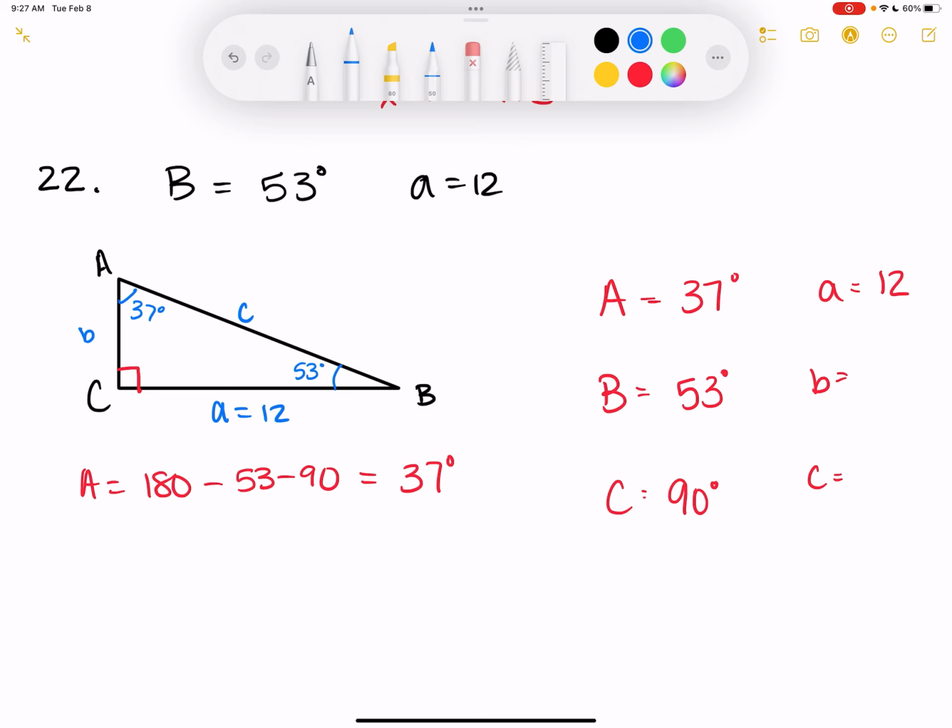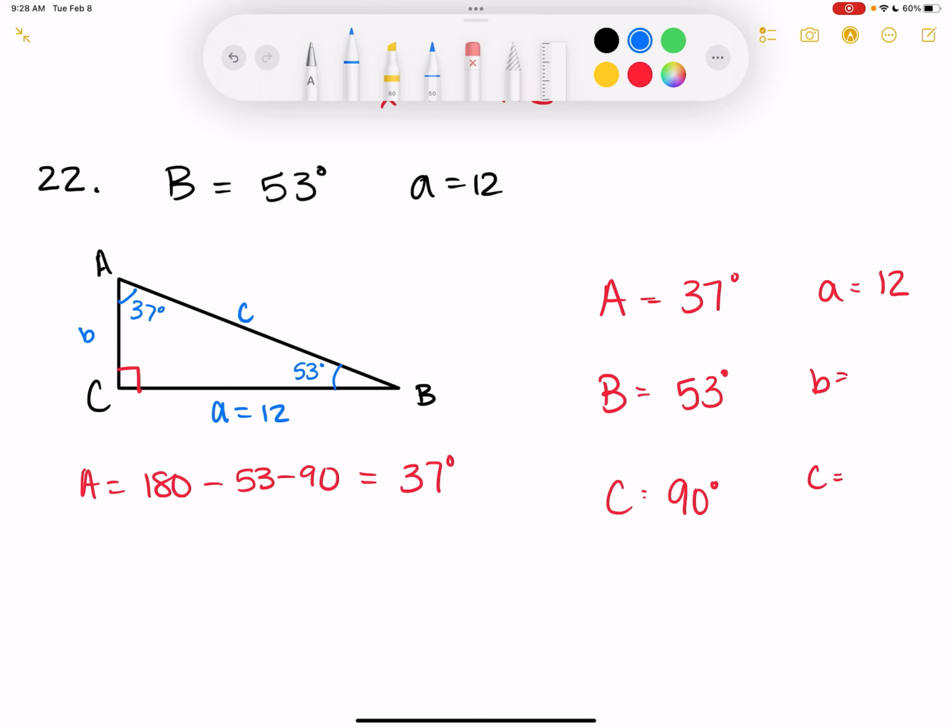Okay, if I do it from angle B in regards to what I have, I can use cosine because it's an adjacent value. If I wanted to use the 37 degrees, I could use sine because that's an opposite value. So do y'all want sine or cosine? Sine, okay, sine it is.